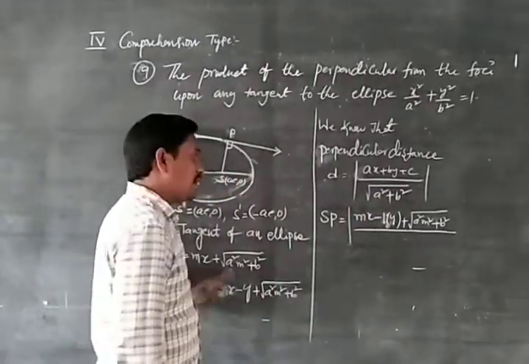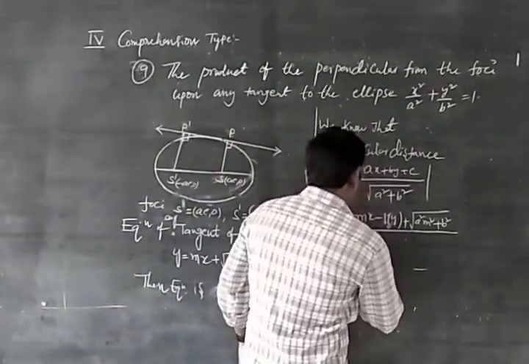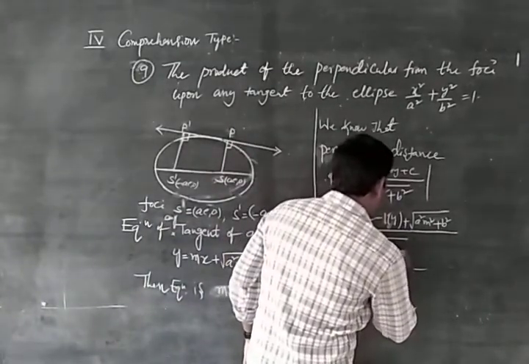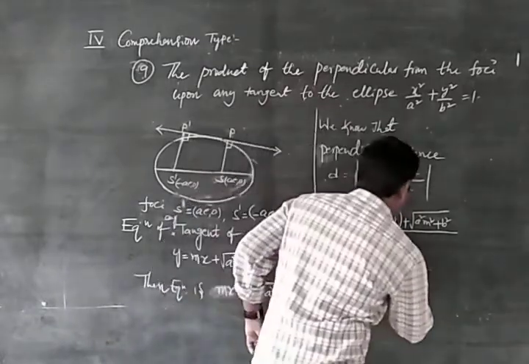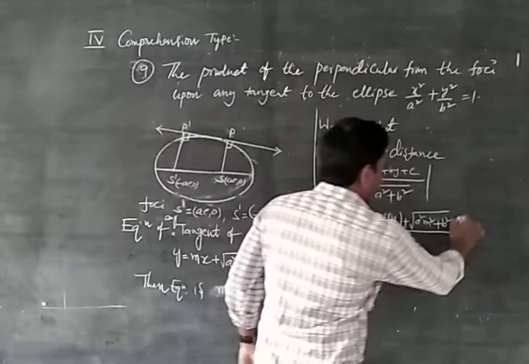Here a means m, so root of m square plus b means 1, b means 1, and 1 square means 1. Okay.